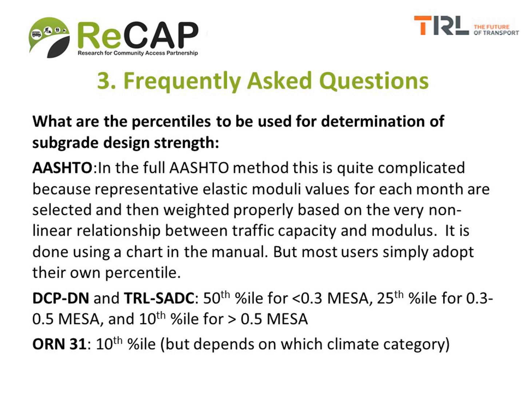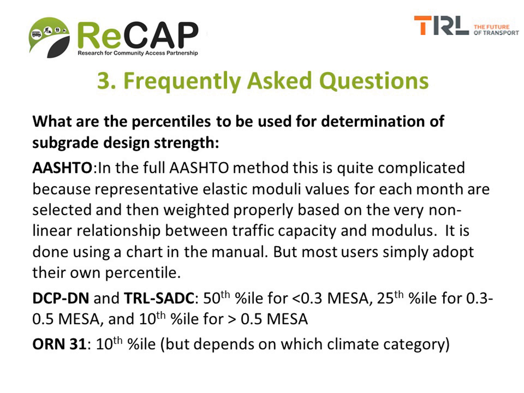For the DCP-DN and the TRL SADC percentiles, a 50th percentile, in other words, the average, is used for the very low traffic levels below 0.3 million equivalent standard axles. The 25th percentile is used between traffic values of 0.3 and 0.5, and for the highest traffic level in the low volume range, 0.5 to 1 million standard axles, we would recommend that you use the 10th percentile.